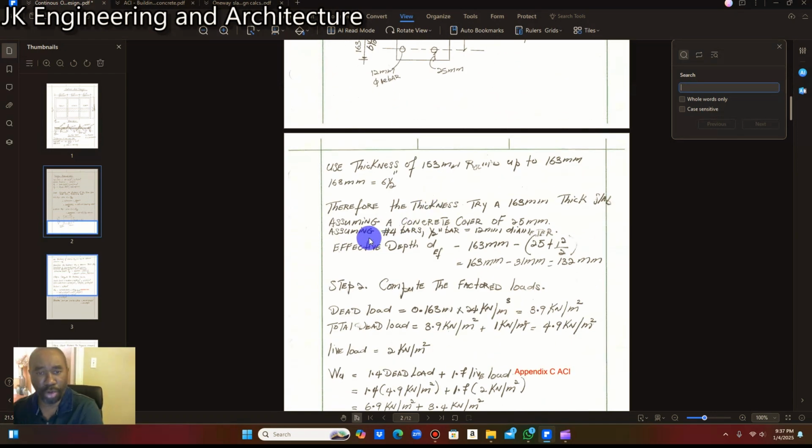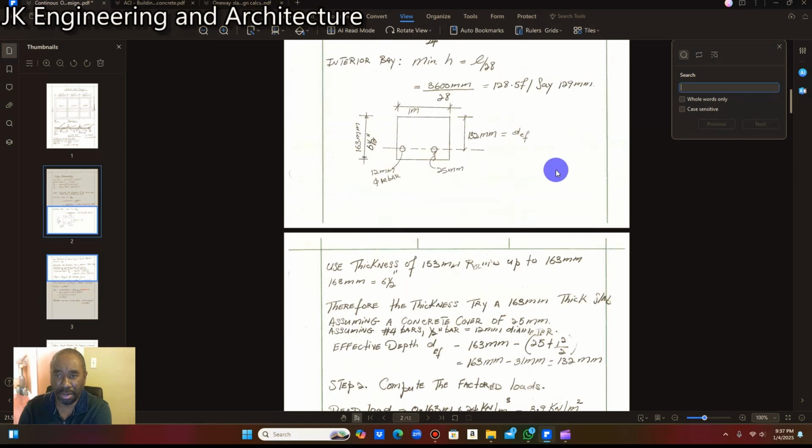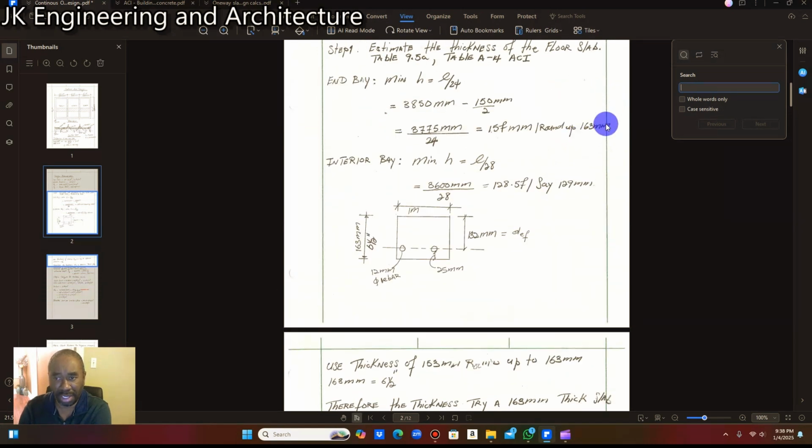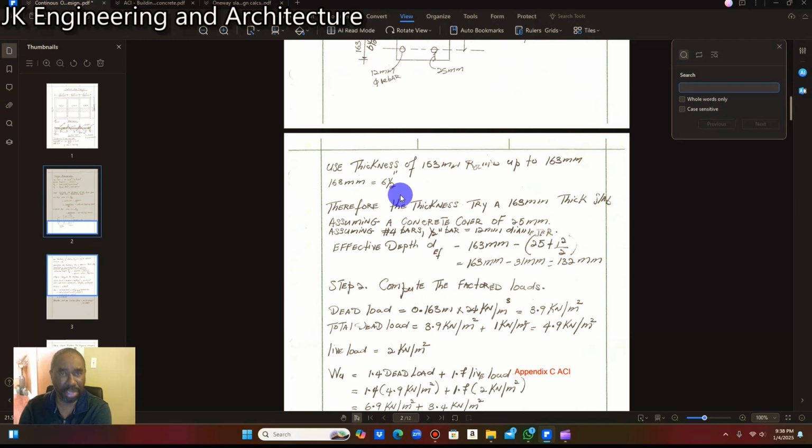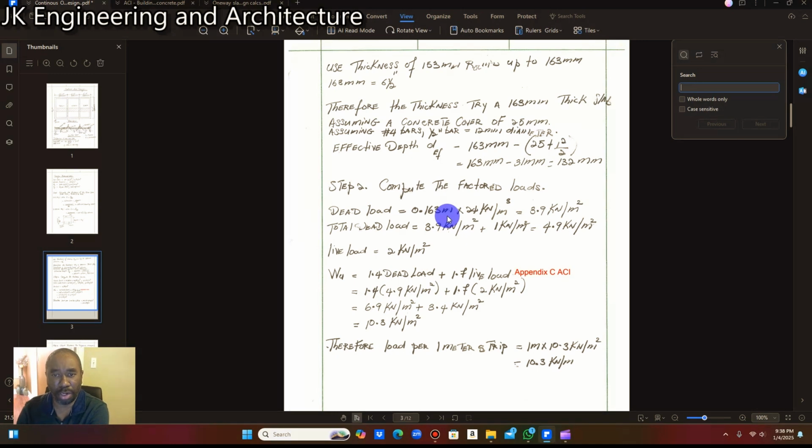So now we are going to estimate the thickness of the floor slab. We are going to use the higher thickness of 163 millimeter, which works out to be about 6.5 inches. To work out our effective depth, we're going to try a 163 millimeter slab thickness, assuming concrete cover of 25 millimeter, assuming number 4 bars, half-inch bar, which is 12 millimeter diameter.